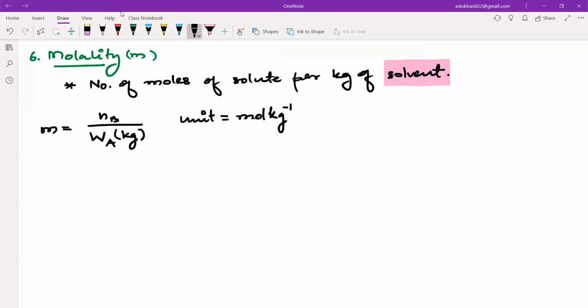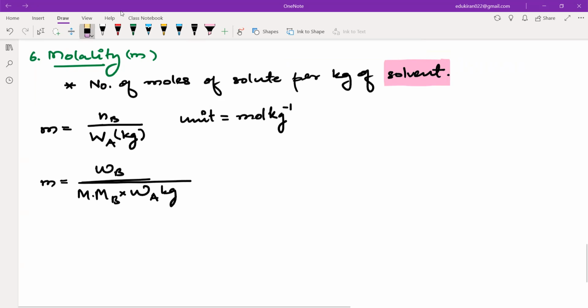Similarly, you can extend this formula: small m is equal to the given mass of solute divided by the molar mass of solute, again divided by the given mass of solvent in kg.